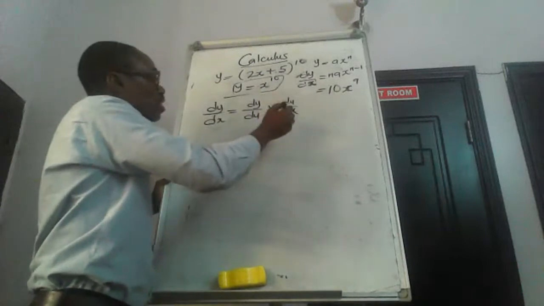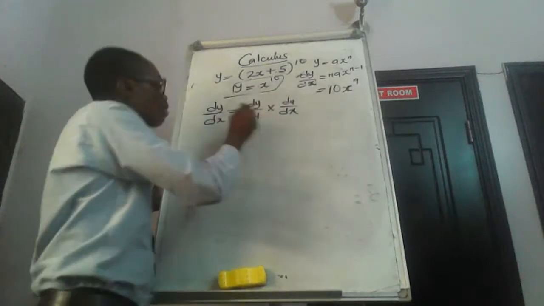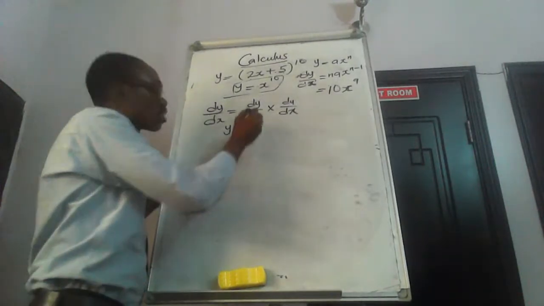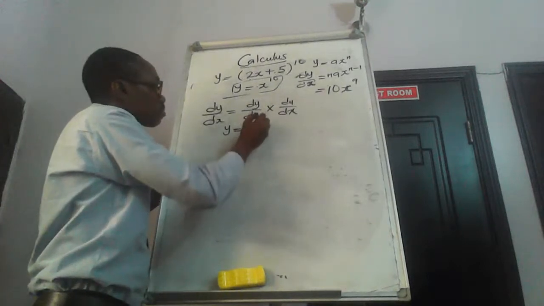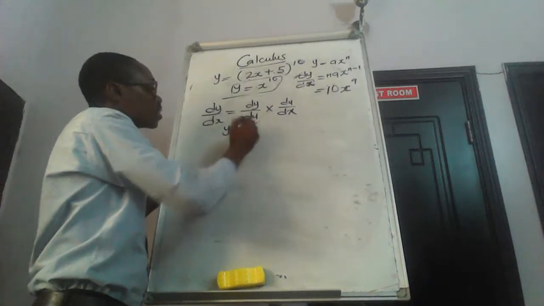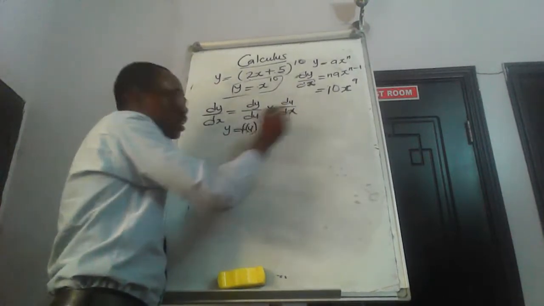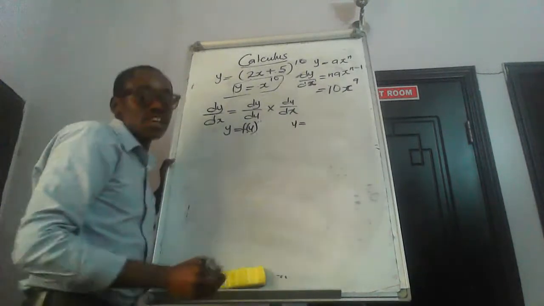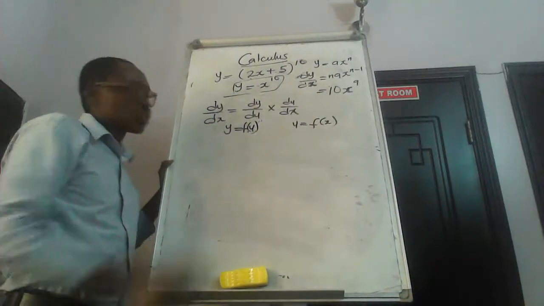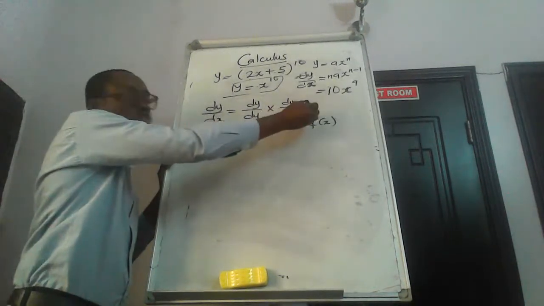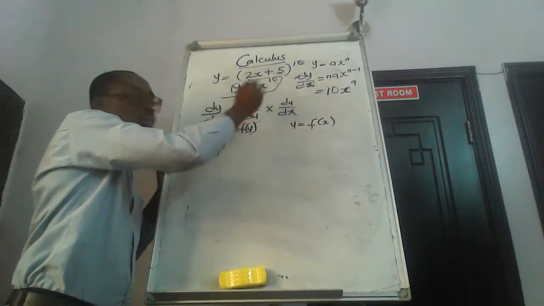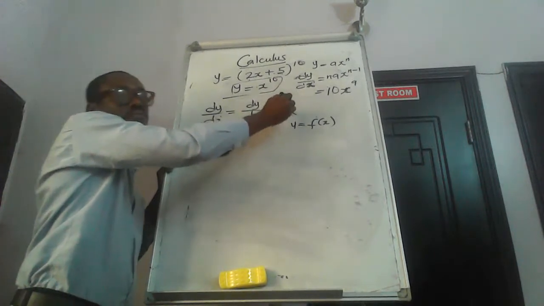So basically, what the chain rule is all about is that if you have y as a function of u, and u in this case is a function of x, then your dy/dx is going to be equal to dy/du times du/dx.